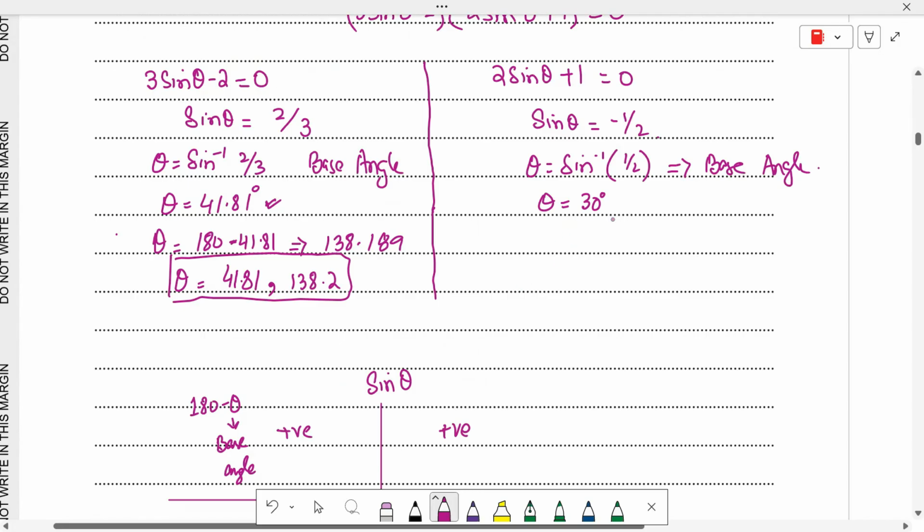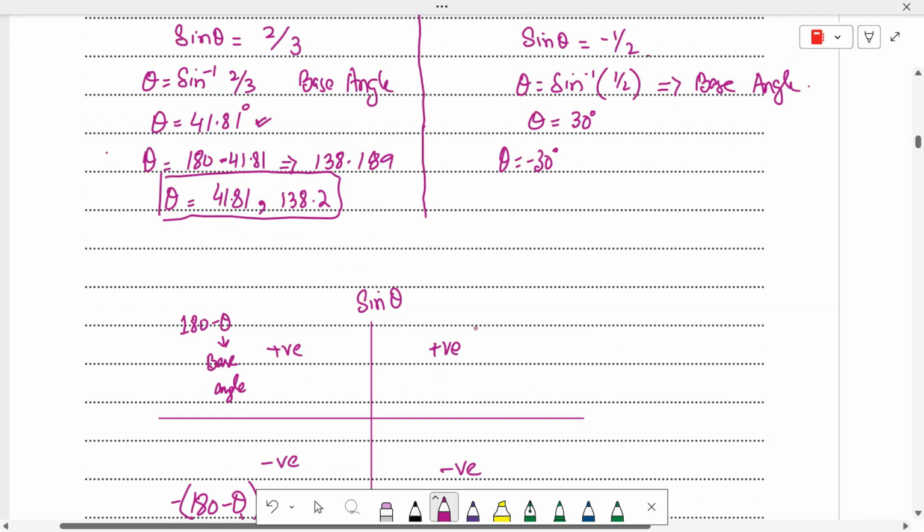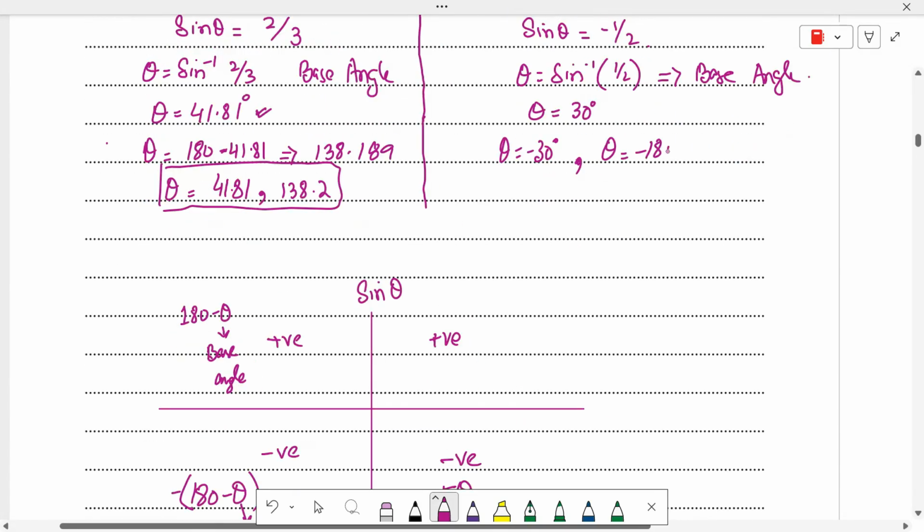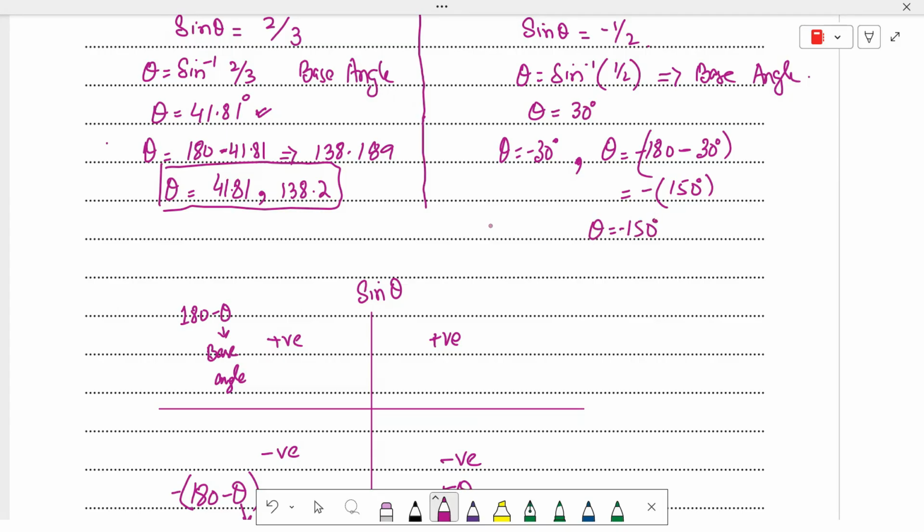So the first angle will be negative 30 degrees for the fourth quadrant, and the second angle will be negative 180 plus 30 degrees, which is equal to negative 150 degrees. So we have θ equal to negative 150 degrees and θ equal to negative 30 degrees.